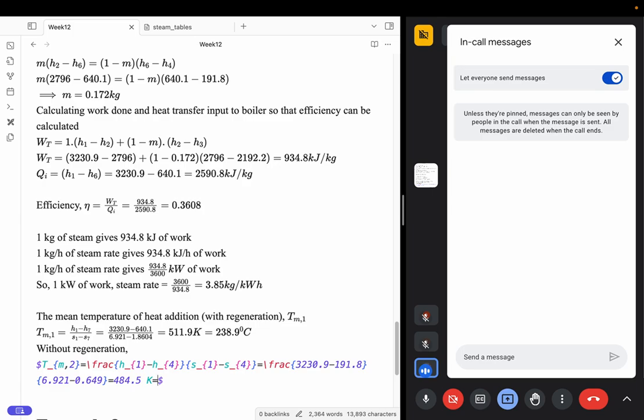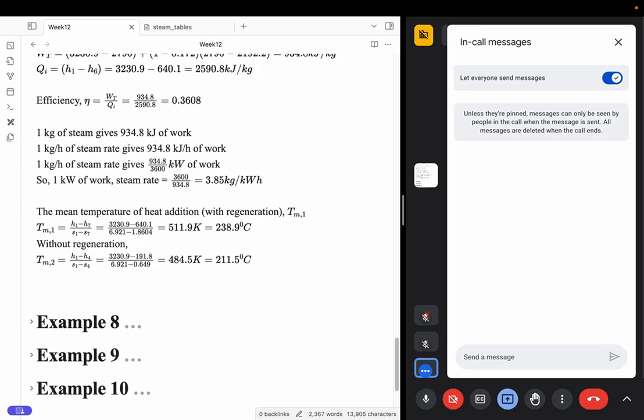We convert into Celsius, so that will be 219. Now you can see the difference between the mean temperature of heat addition in case 1 and case 2. When you have regeneration, your mean temperature for heat addition has increased. So what would happen to efficiency?